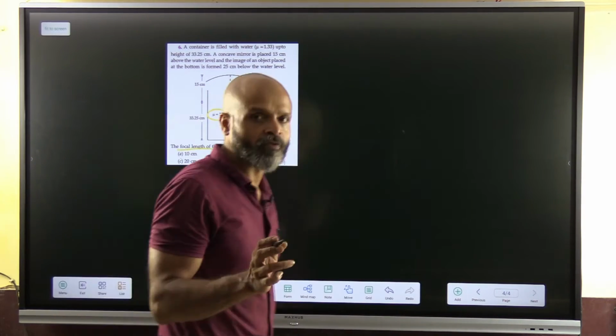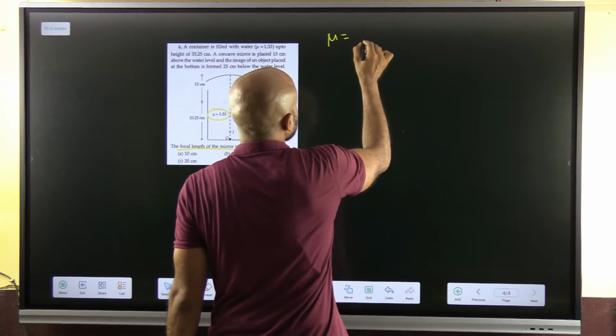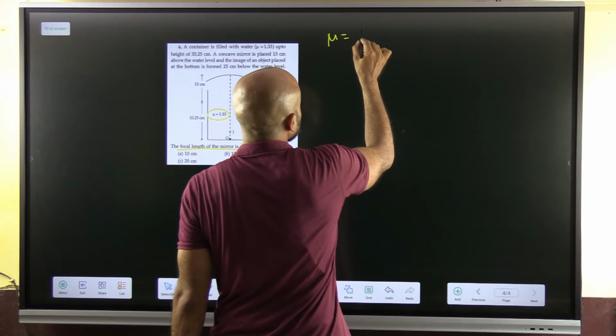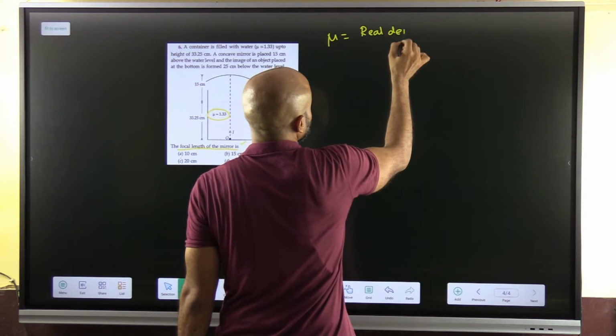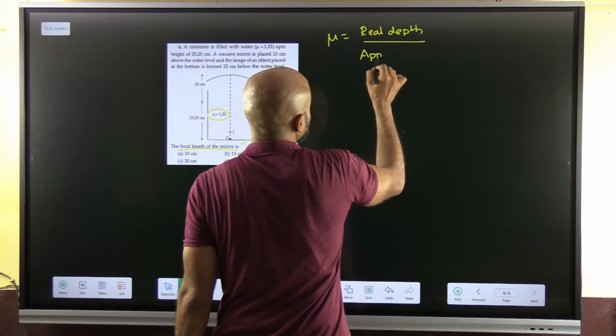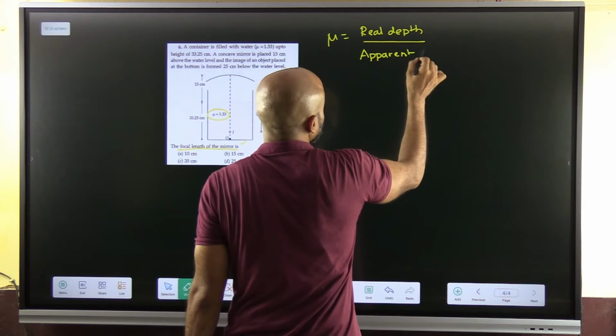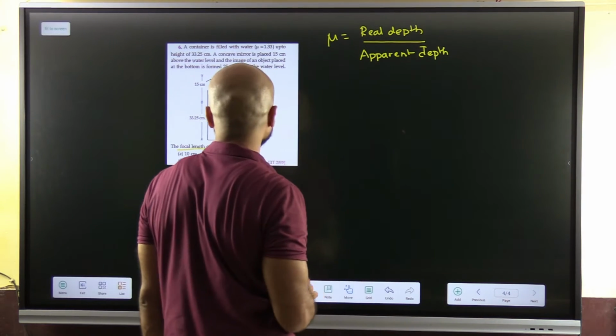Okay, now we know that mu is equal to real depth upon apparent depth. So what is the real depth here?